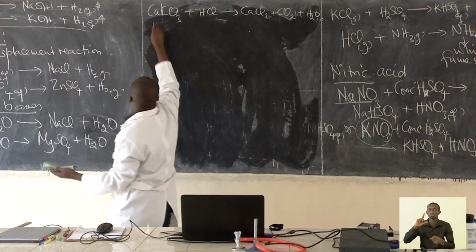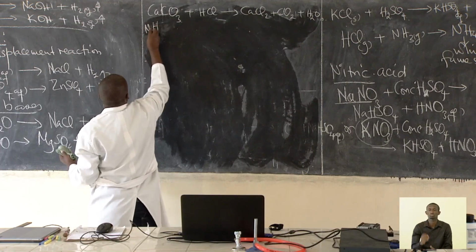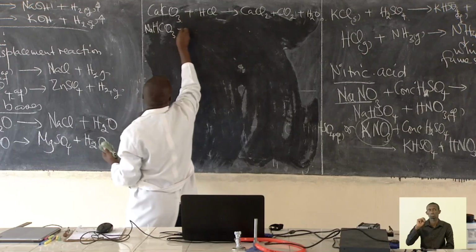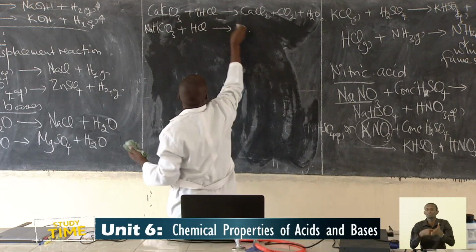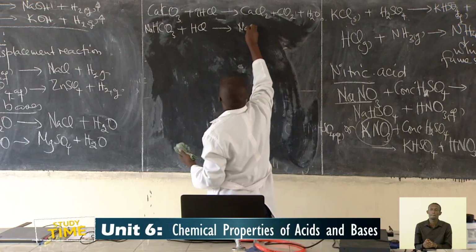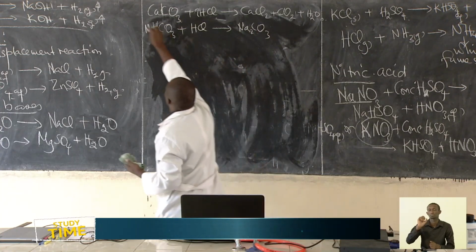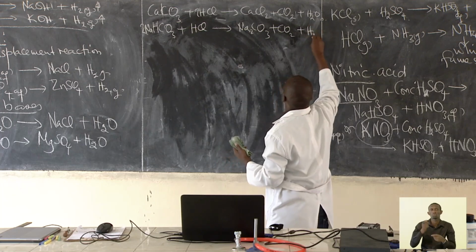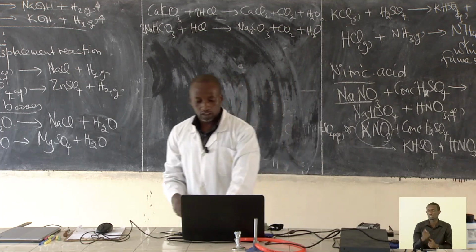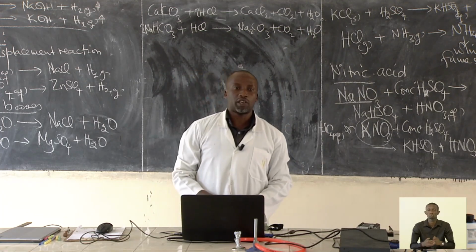Or the hydrogen carbonate, sodium hydrogen carbonate plus hydrochloric acid, will give sodium chloride plus carbon dioxide plus water. So those are some of the reactions of acids and bases.